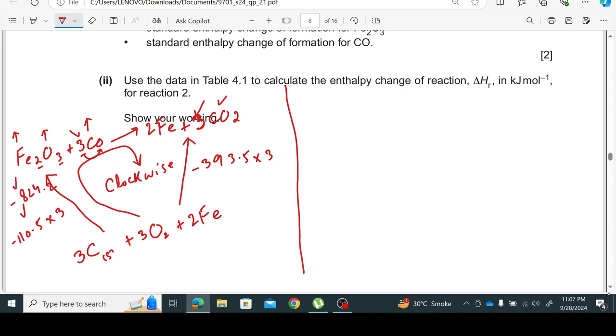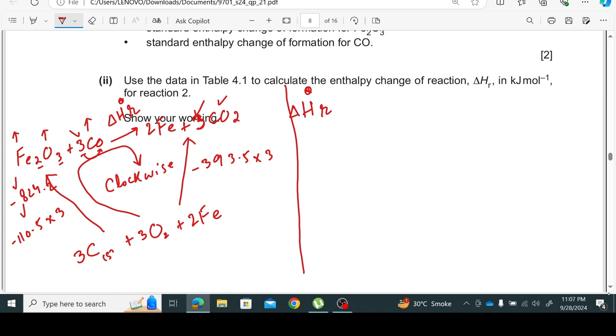So go and study your book, you will need to study what happens when something is going clockwise. Because these things are combining together, these values will become positive. So it is delta H for the reaction, not for standard values.